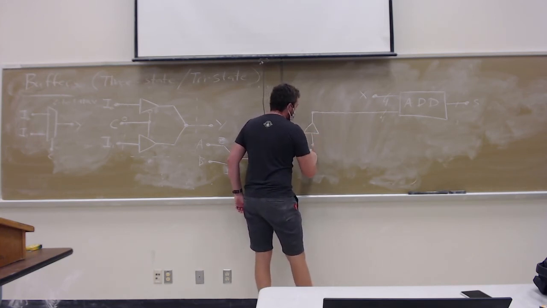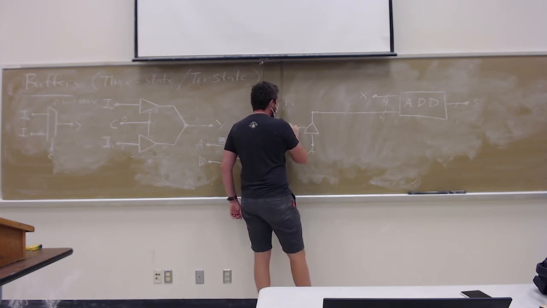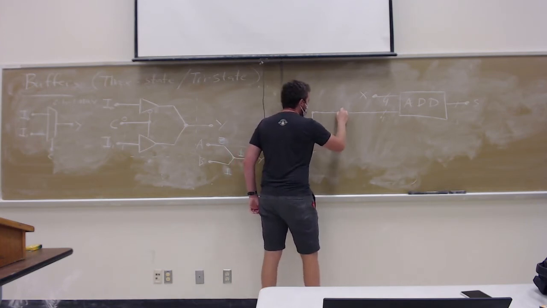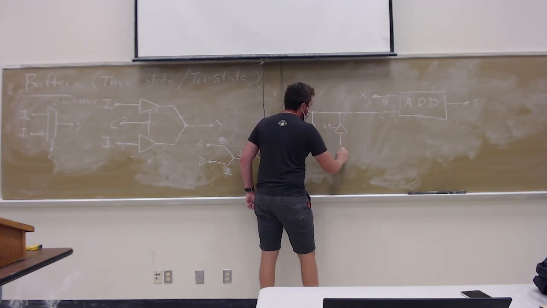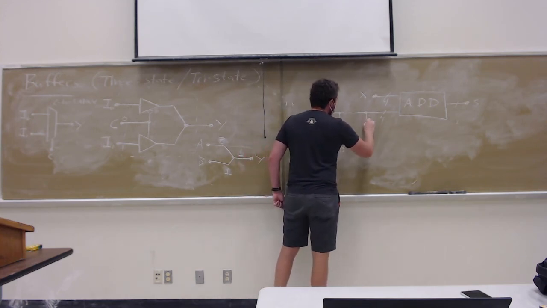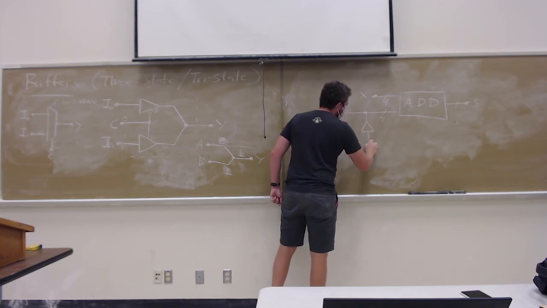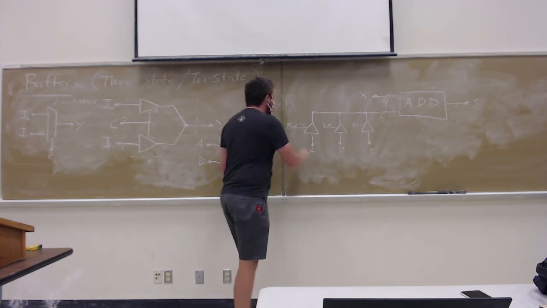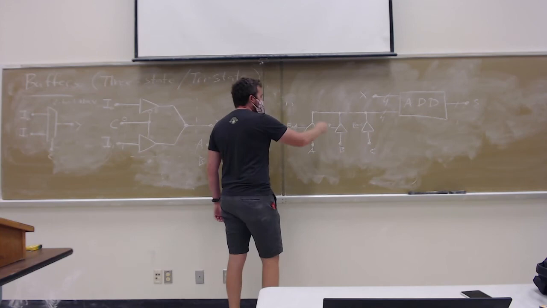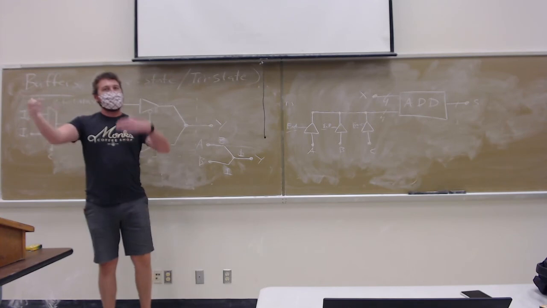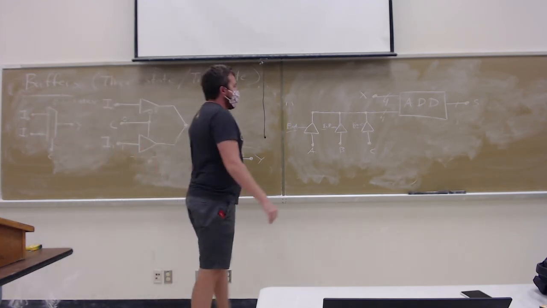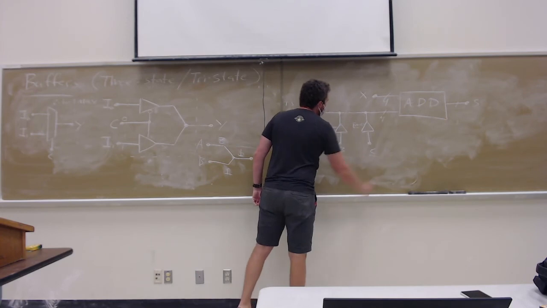We'll have a buffer, and we'll put that to A, and we'll call that enable A, and then we'll have a buffer that's enable B, and we'll attach that to C, and we'll say that's enable C, right? So we can use these control bits, enable A, B, and C, to pick which number we want to multiply, or excuse me, add to X. So we can use that to select between different places where data is stored in our system.